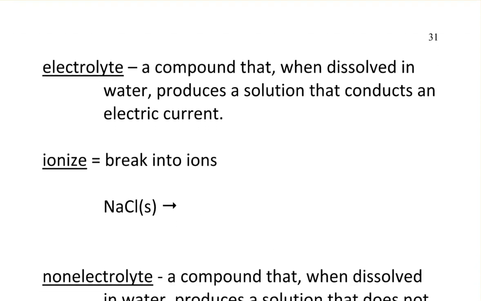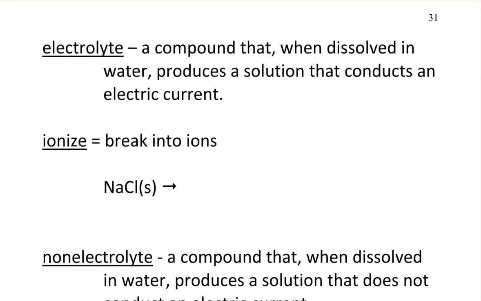Okay, an electrolyte is a compound that, when it's dissolved in water, produces ions, and so it will conduct a current. To conduct a current, you need ions. That's the key: charged particles, because electricity is the movement of a charge, and having ions produces that.